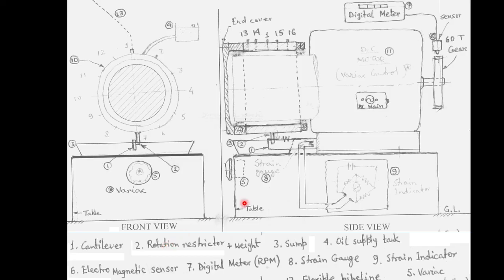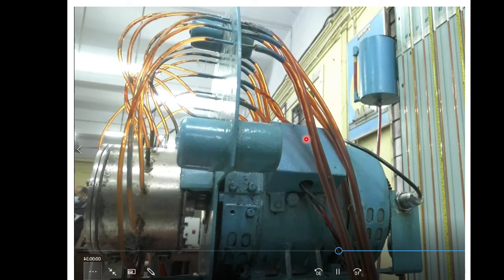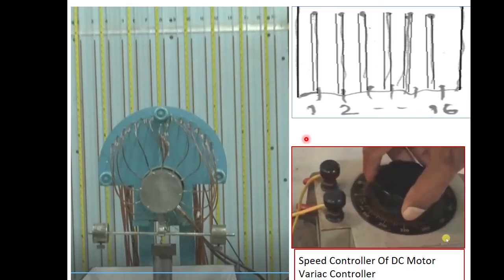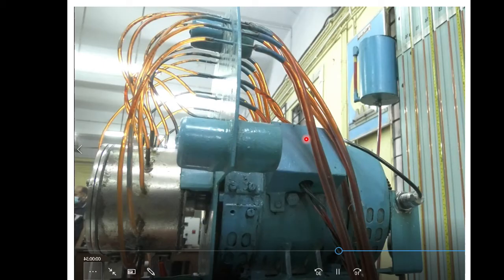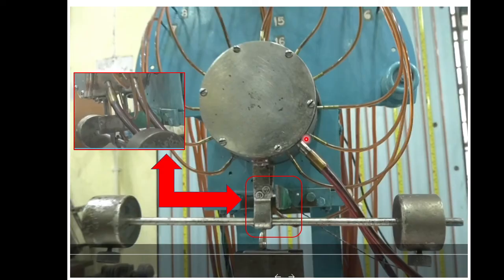Clear? So here we have some strain gauges fixed. Where is that photograph? There, towards the base, some strain gauges are there, fixed there.